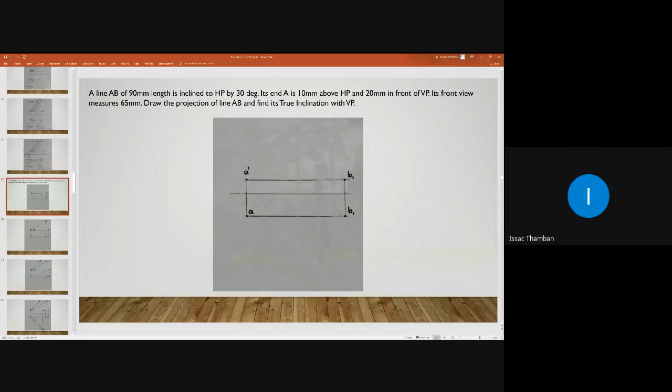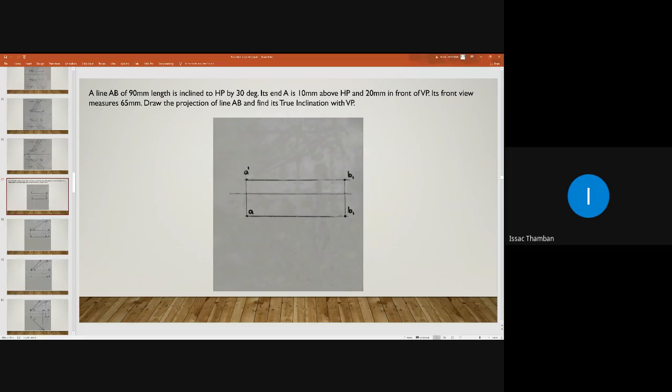Yes, sir. So here, the true length of line AB is given. It is 90 mm. It is inclined to SP by 30 degrees. That means theta is given, the true inclination of line AB with respect to SP.